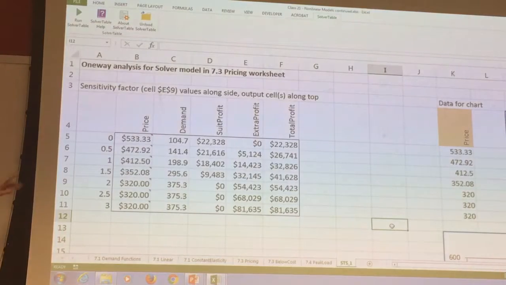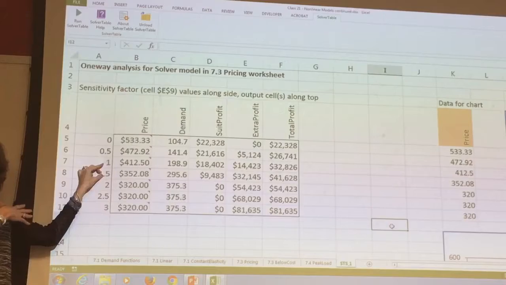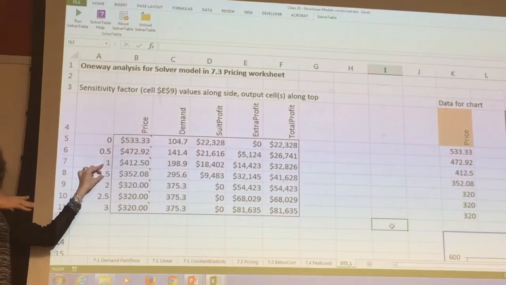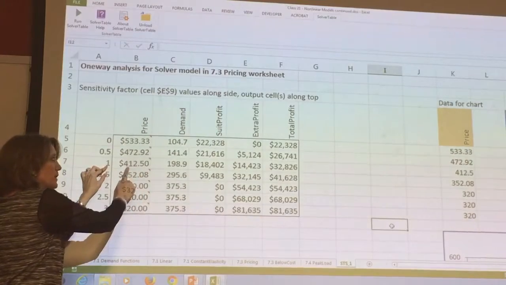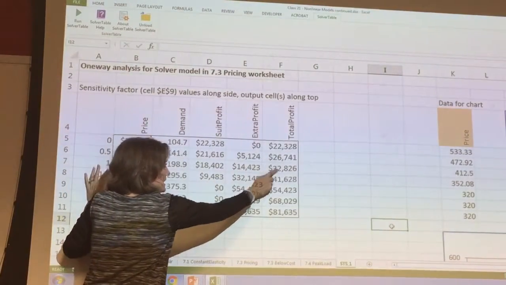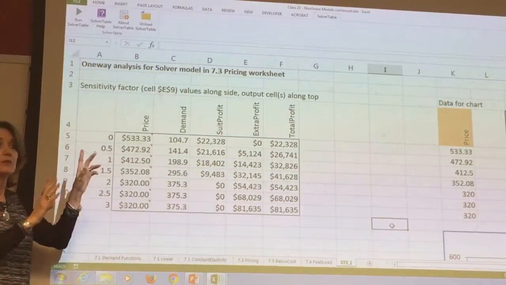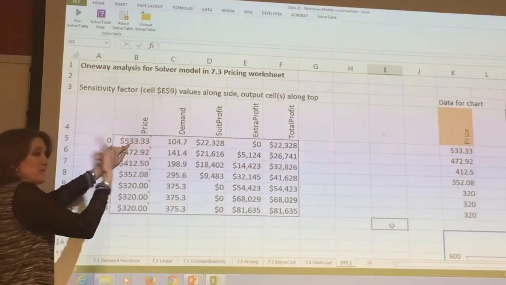Here's what happened. Here's where I was when I believed that I'm selling what I have on the spreadsheet originally, the 1.5 ties, 2 shirts. I priced it at $412. I get this demand just under 200. This is what I get. Total profit was $32,826. We already knew what it was at 0 because we had run it that way.